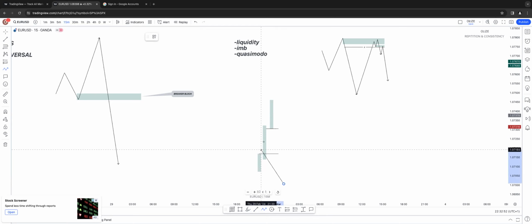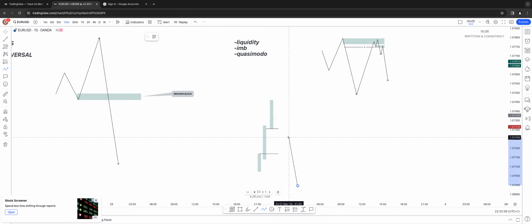This space here between this candle and this candle, the gap here is what we consider to be a fair value gap. These are created due to a market's impulsive move, leaving out unfilled zones which price would later come back to mitigate.